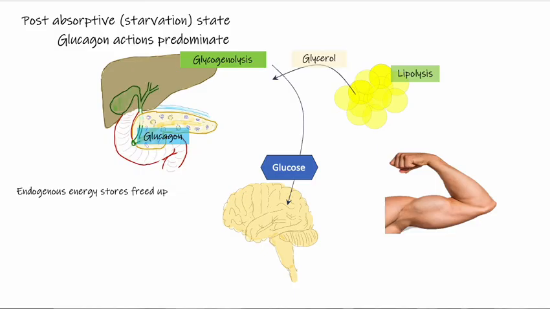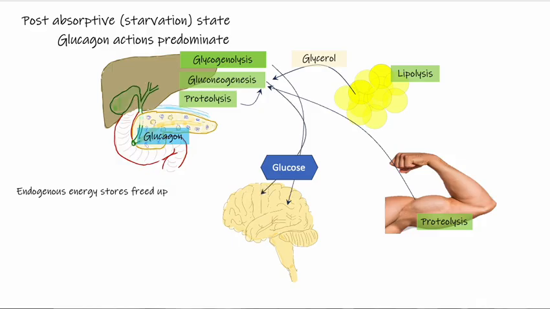This will result in the freeing up or the breakdown of triglycerides. Glycerol will be one of those byproducts. Glycerol can be taken to the liver and can be used for gluconeogenesis. Glucagon will promote proteolysis in skeletal muscle as well as in the liver, and in both of these cases the amino acids that are freed up can be used for gluconeogenesis. This formation of glucose will then be transported to the brain for use.